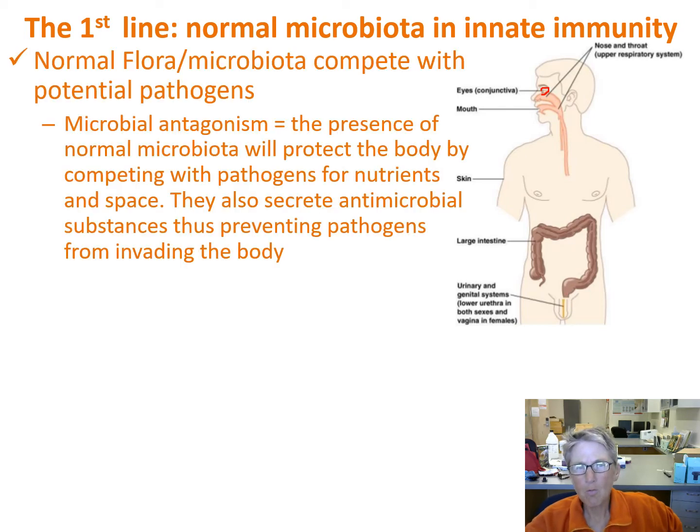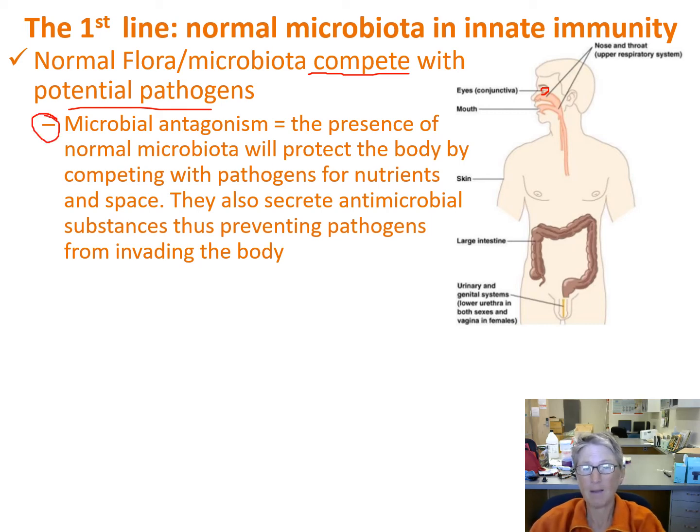So normal flora, or it's also called resident flora, it's also called normal microbiota or resident microbiota. So normal or resident just means that it lives there. It's a microbe that lives there, and it doesn't hurt you, and it's actually good for you because it competes with microbes that could be potential pathogens. And that system is called microbial antagonism.